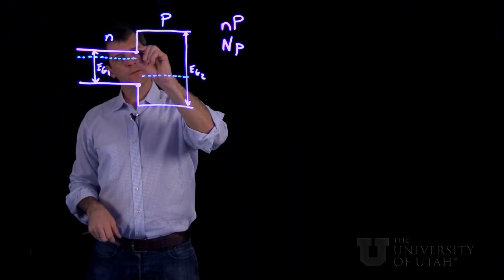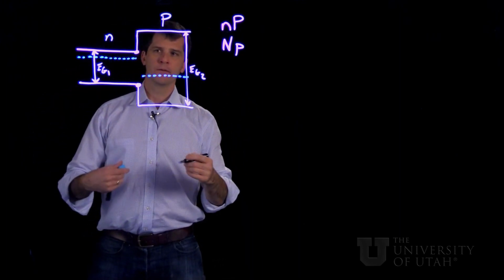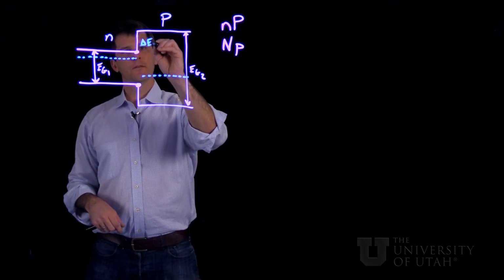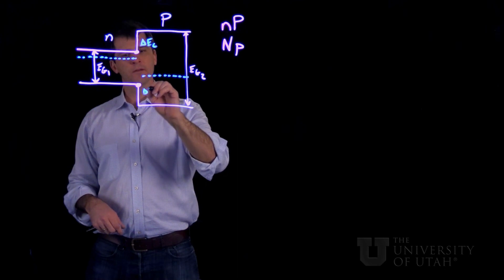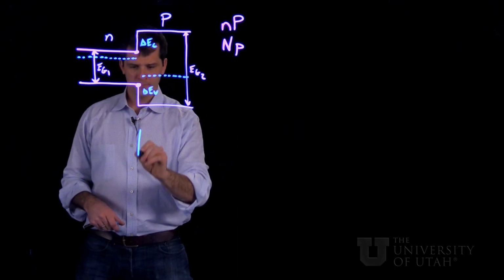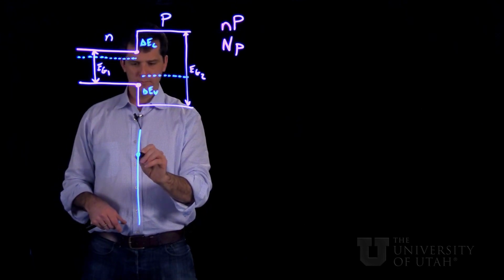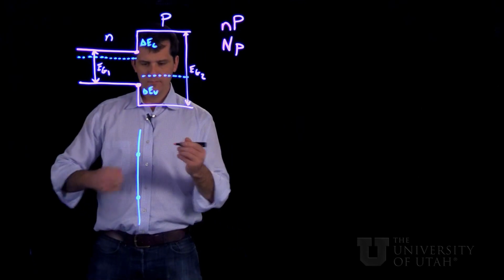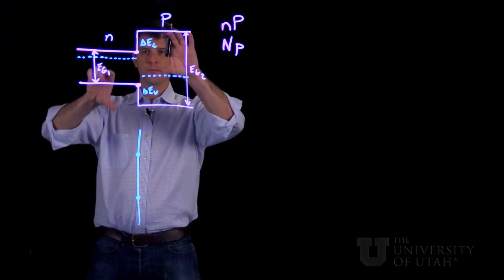But what we're going to enforce is that these connection points remain the same, so that we're maintaining the delta EC and the delta EV in our final diagram. So what does that look like? So we know they have to move like this.